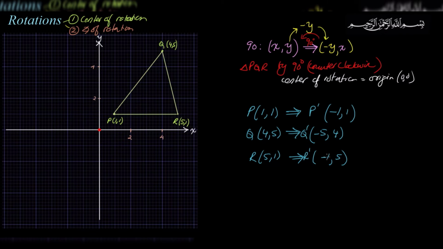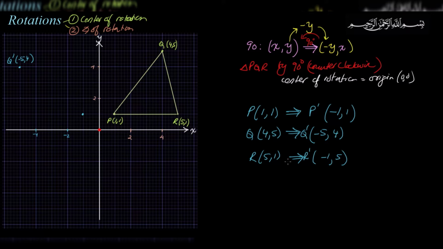Okay, so now let's plot these points. P prime is -1, 1. So here, let me just say this is -2. So -1 and 1, that's P prime. And Q prime is -5 and 4. Alright, so that's -5 and 4.